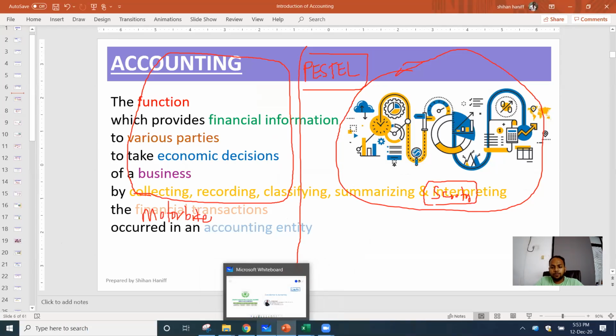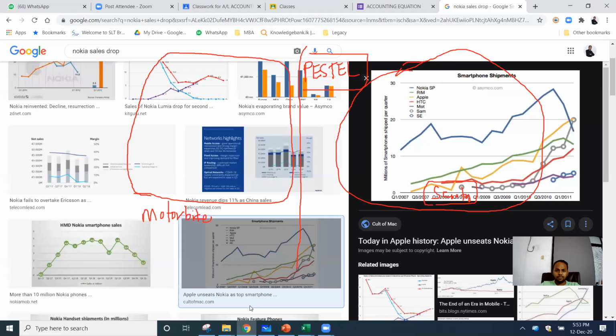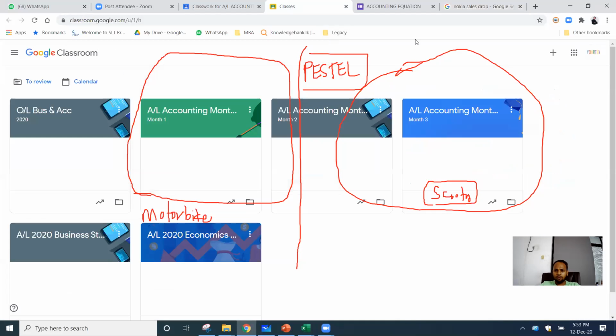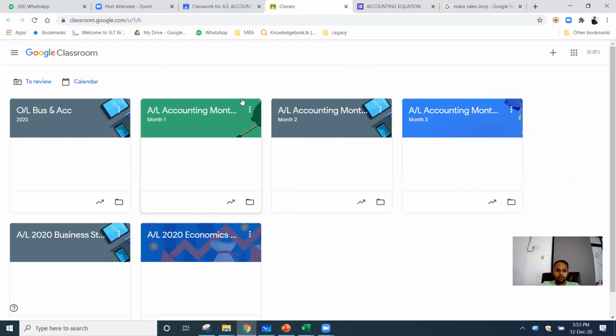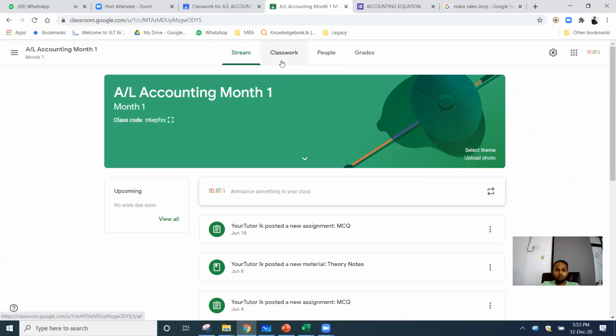Another thing to explain now: all the sessions, I'll go through our Google Classroom, because that is also important for you all. All the chapters will be there in the Google Classroom.